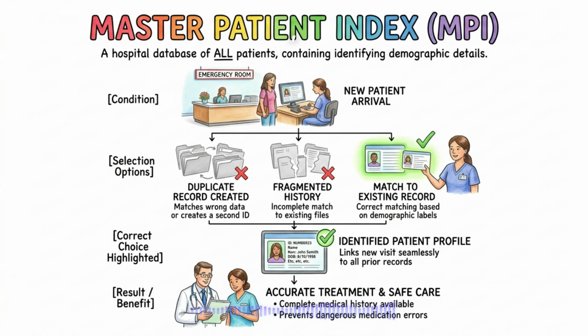It acts as the ultimate reference tool to ensure that when a patient arrives at the emergency room, their new visit is correctly linked to their previous records. A duplicate patient record in the MPI can lead to dangerous medical mistakes. So maintaining a clean and accurate index is a major priority for health information departments.